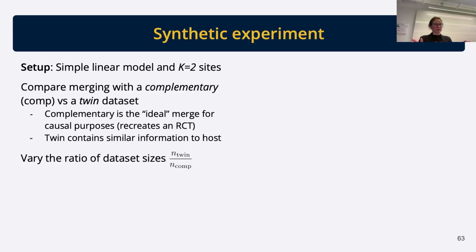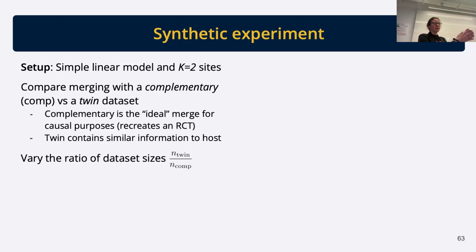And so here is a quick example. We have a synthetic experiment where we're doing a simple linear model with k equals 2 sites. The two sites will be, number one, what we call a complementary data set, and the other one will be called the twin. The complementary will be the ideal merge for causal purposes, simply because the complementary data set will be set up so that it complements the host, and you basically recover the entire RCT, randomized controlled trial, population.